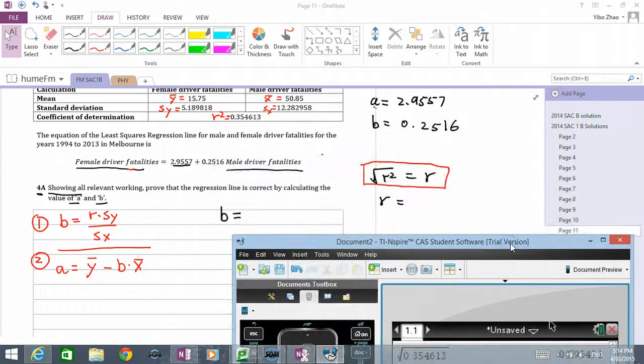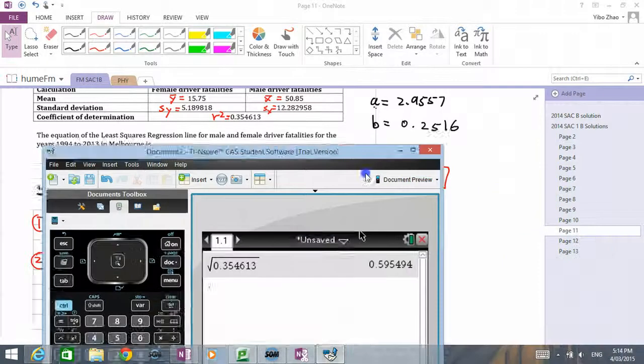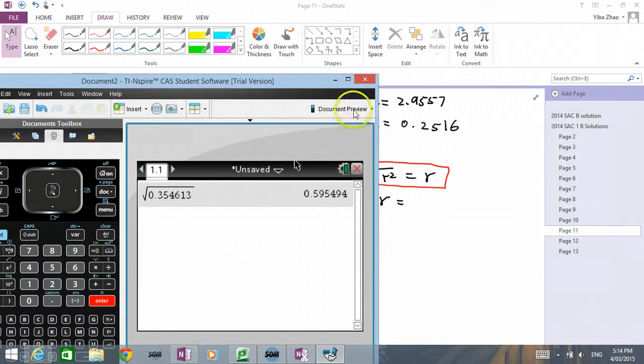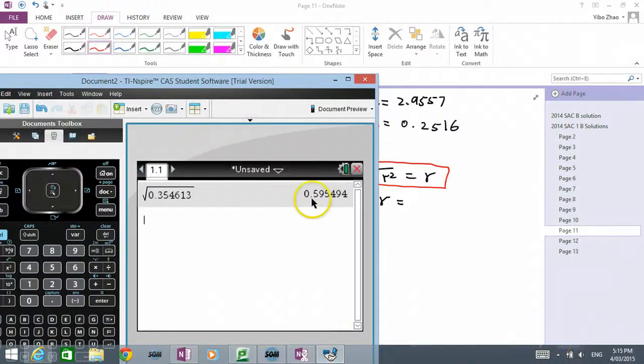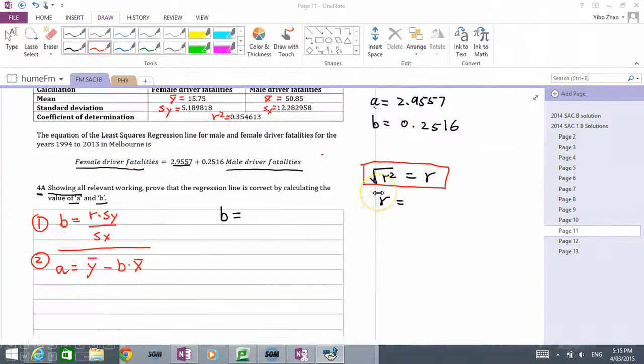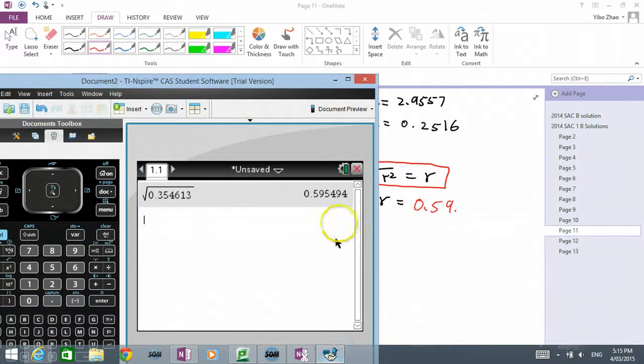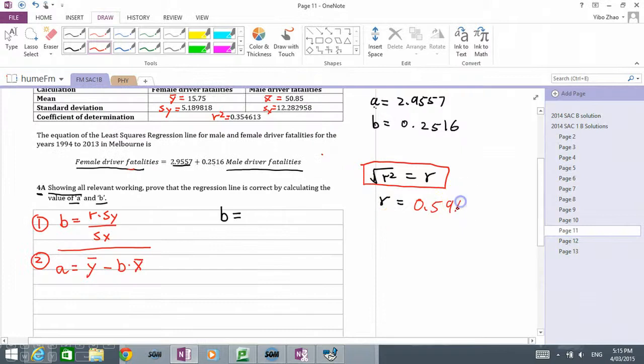So let's use more decimal numbers. In the SAC, if the question didn't really say anything, let's use something like 4 decimal places so it's accurate. So I have 0.595494.